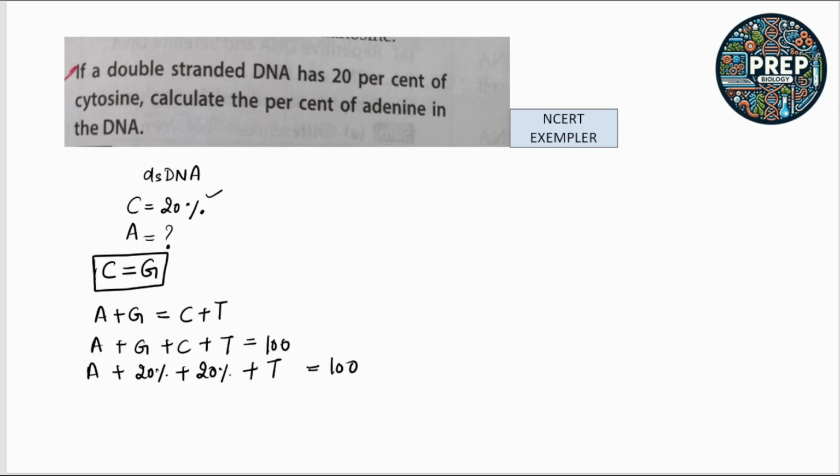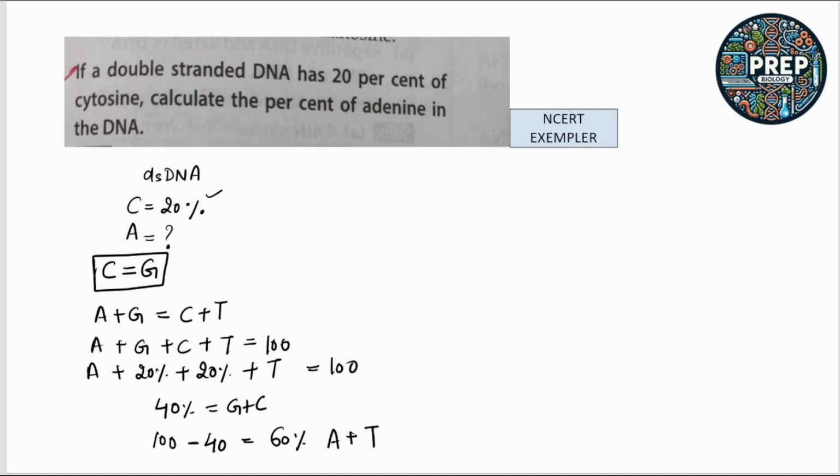So the total percentage of guanine plus cytosine is 40%. From 100%, when we subtract this 40, we have 60% left.